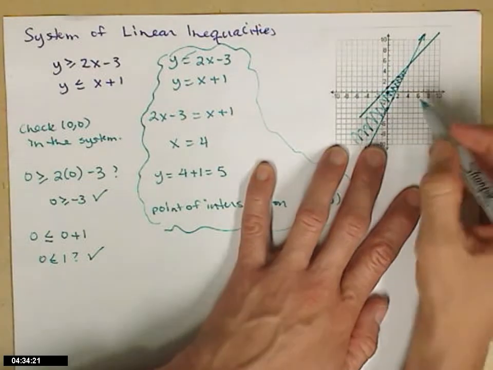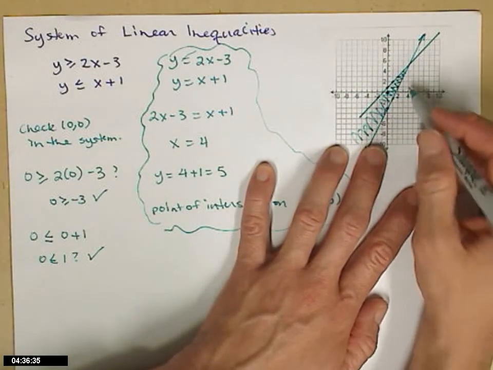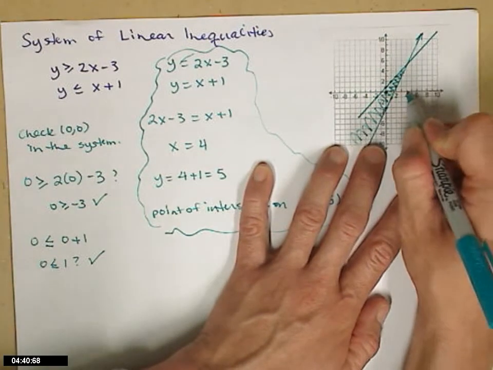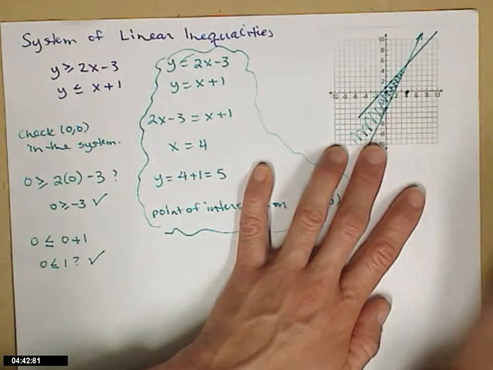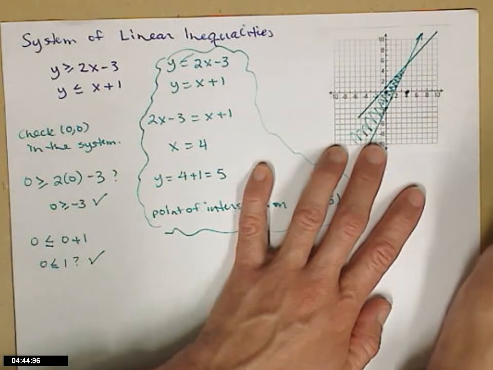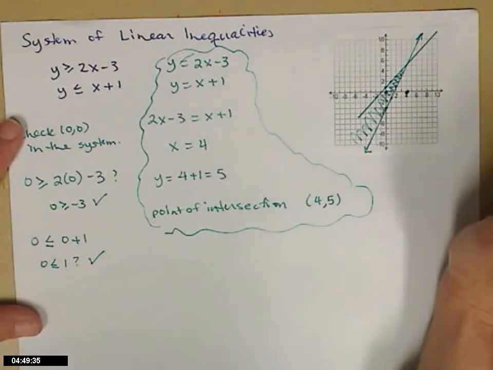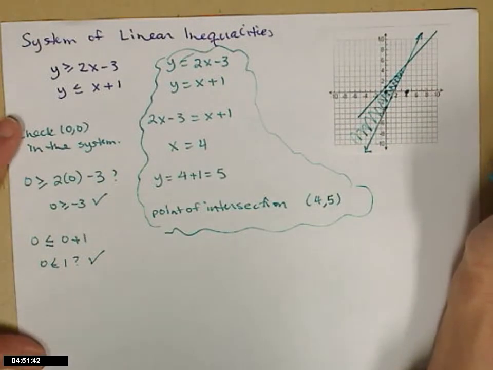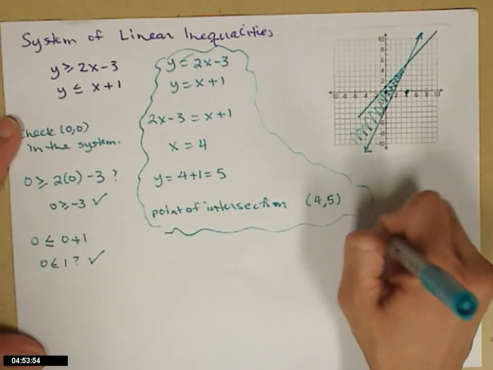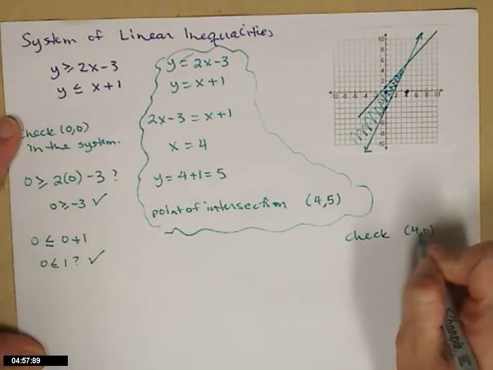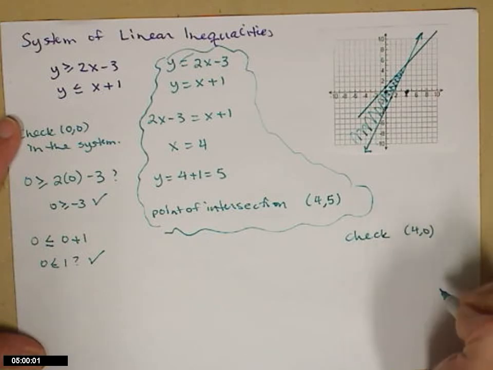If you're wondering, could there be another region that we should shade as well? Well, sure, you can check. For instance, right here, I see that (4, 0) is very decidedly over there on the right-hand side of both of the lines. Let's see if the point (4, 0) works here. My guess is no, but we'll check. So 4 goes in for x and 0 goes in for y.